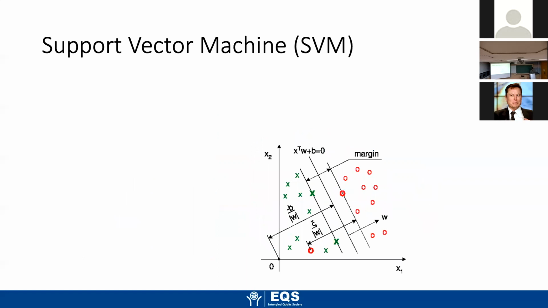So let's simplify the problem and consider the easy case. We have a data set and a model of red circles and green crosses. We want to classify the new data. The easiest way is to draw a line between the two groups, right?